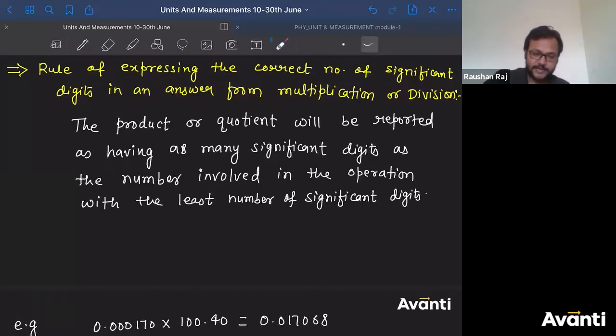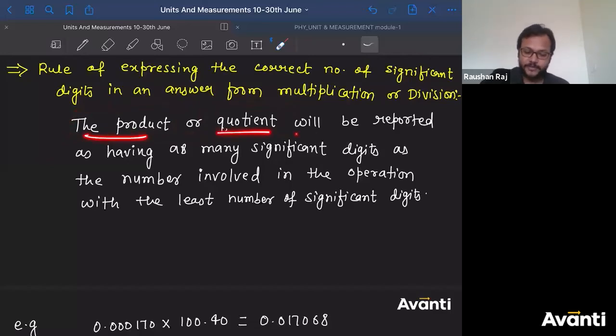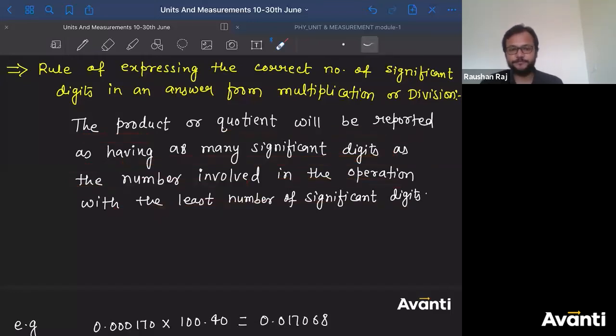The product, the resultant of the multiplication, or the quotient, the resultant of the division, will be reported as having as many significant digits as the number involved in the operation with the least number of significant digits.